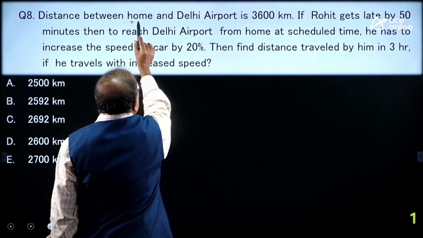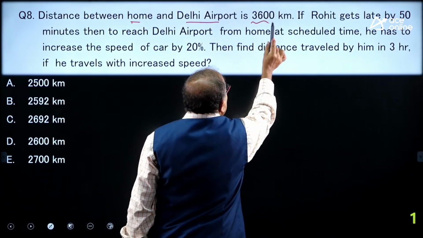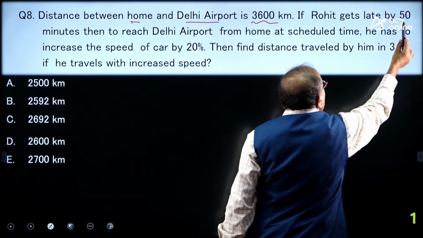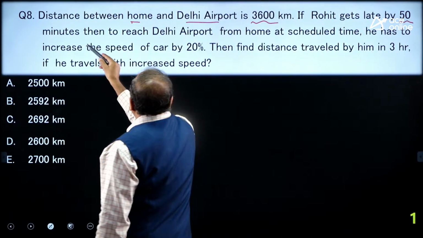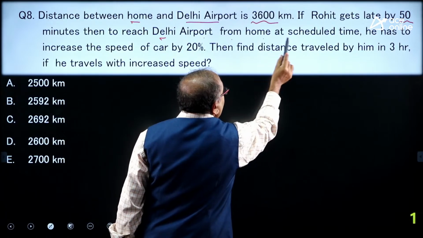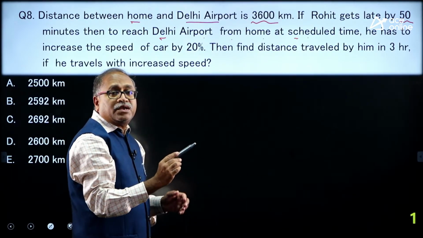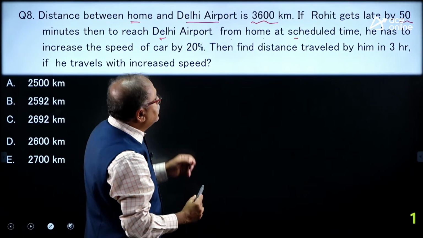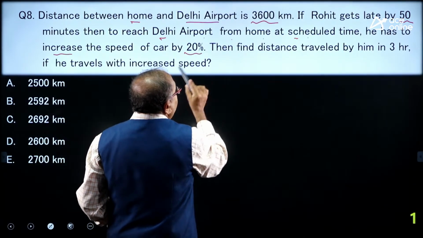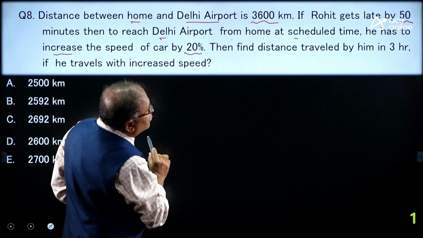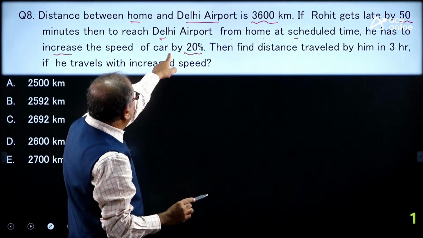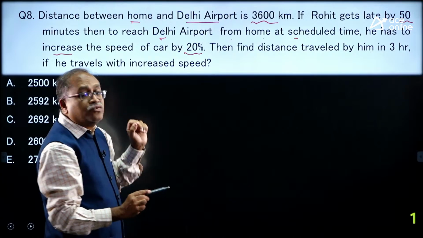The distance between home and Delhi airport is 3600 kilometers. Rohit started late by 50 minutes, and to reach the Delhi airport at the scheduled time, he had to increase the speed of the car by 20%.